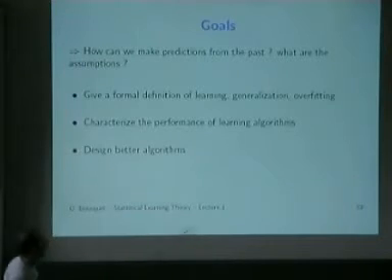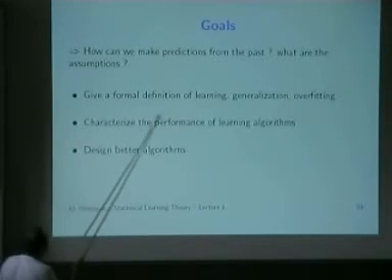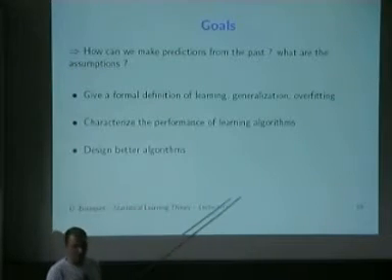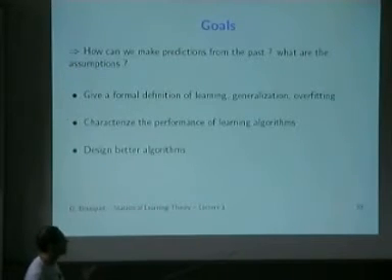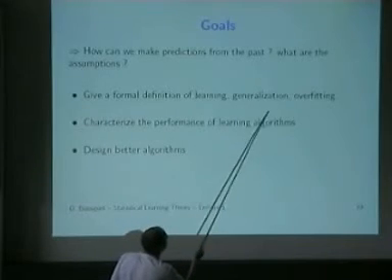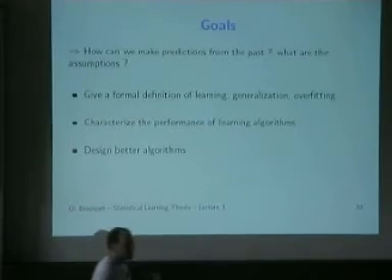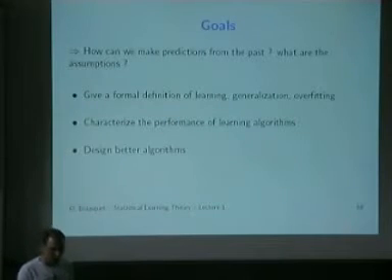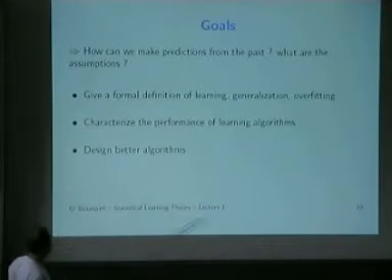levels, let's say. We first have to define formally what learning is and introduce some notation, some mathematical quantities and objects, and define what the word generalization means and what it means to overfit. These are words that we hear in many lectures, but I will try to make them a bit more precise.